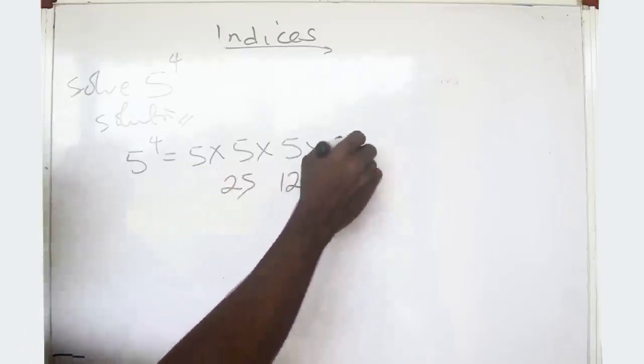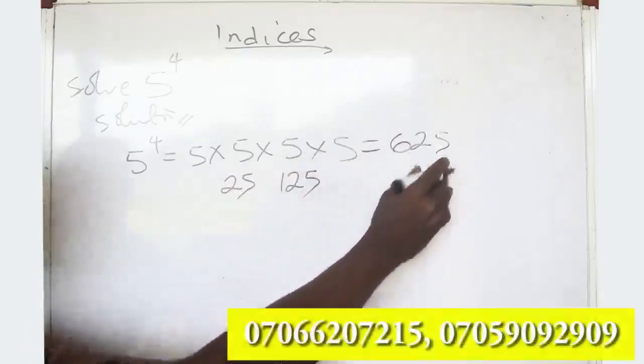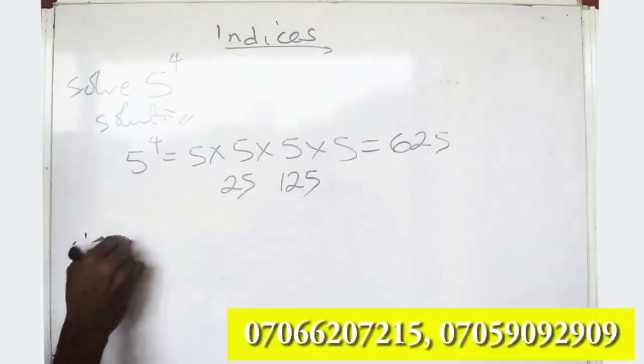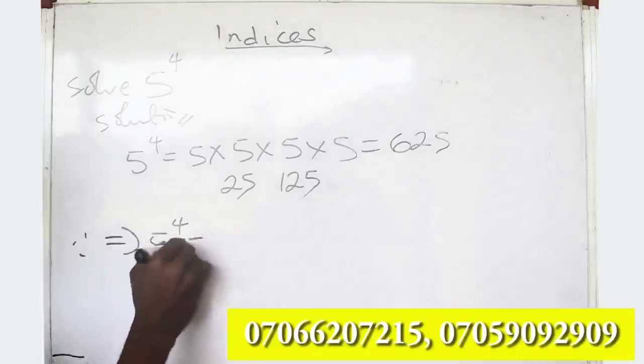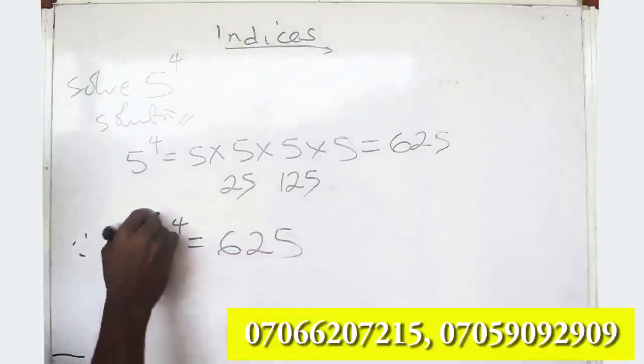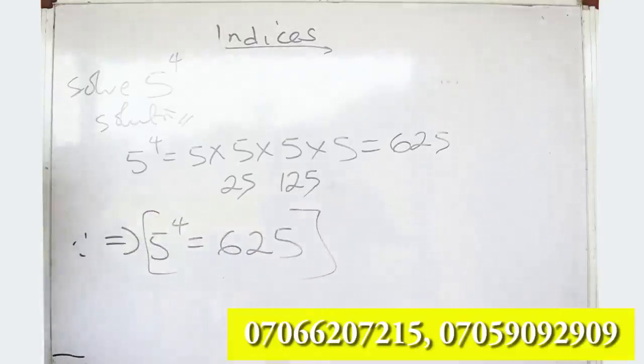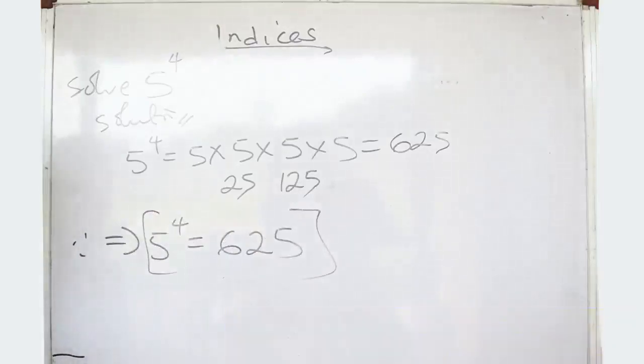And 125 times 5 will give you 625. So therefore it implies that 5 raised to the power 4 is 625. So these two are based on the same principle. So do not be carried away. There is virtually no big deal to what's on board.